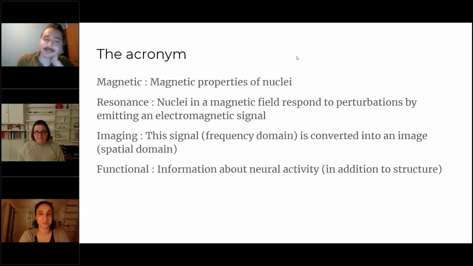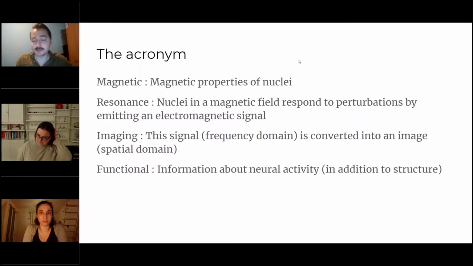So the magnetic part refers to the magnetic properties of nuclei in atoms that we essentially make use of when we do fMRI. Resonance is the specific physical phenomenon that we use in order to generate a measurable electromagnetic signal. We'll see how that works in a sec.